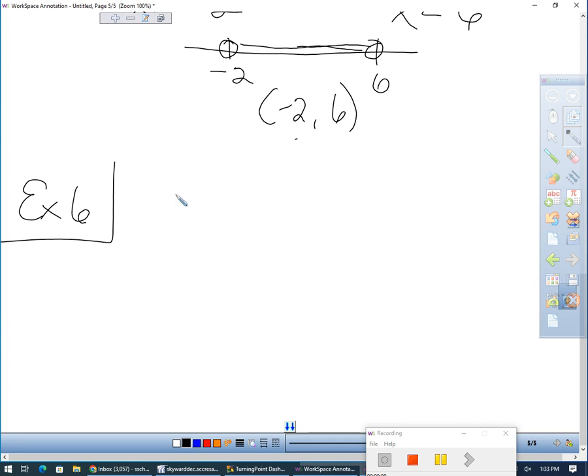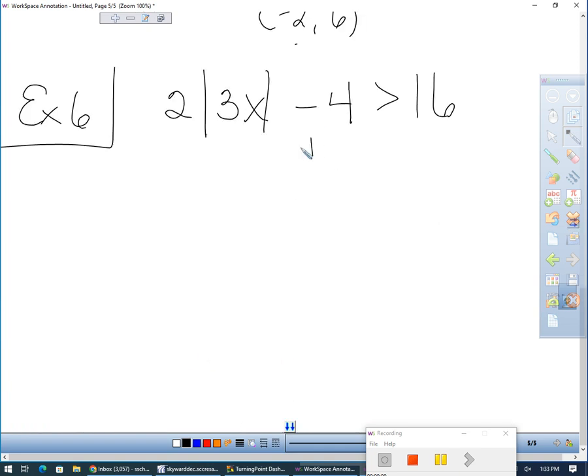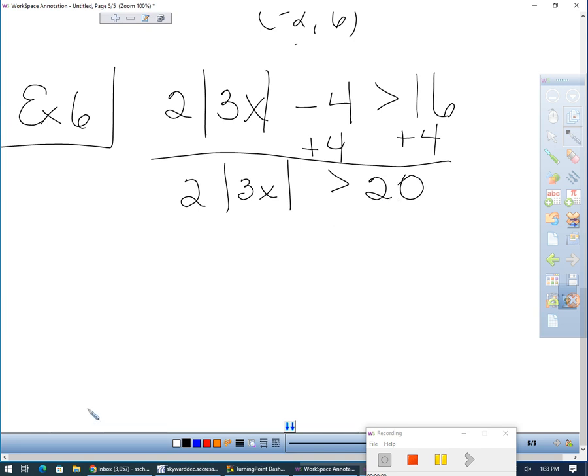All right, let's go with 2 absolute value of 3x minus 4 is greater than 16. Add 4, good. All right, so I have 2, absolute value of 3x is greater than 20. Good. Divide both sides by 2.